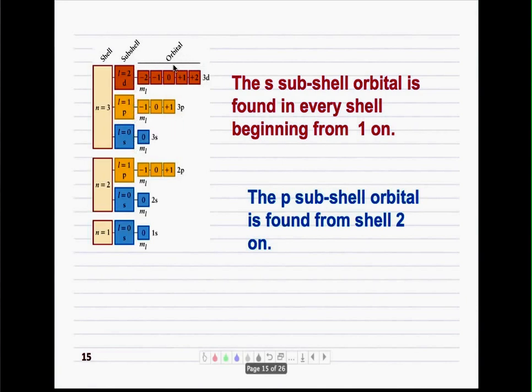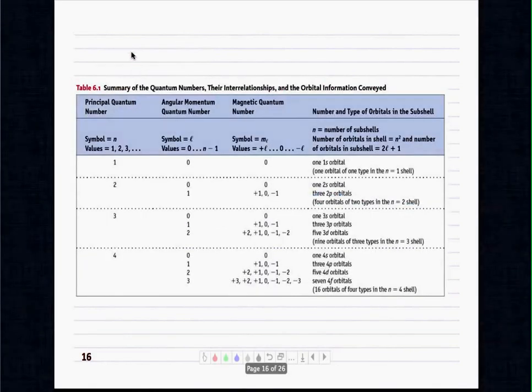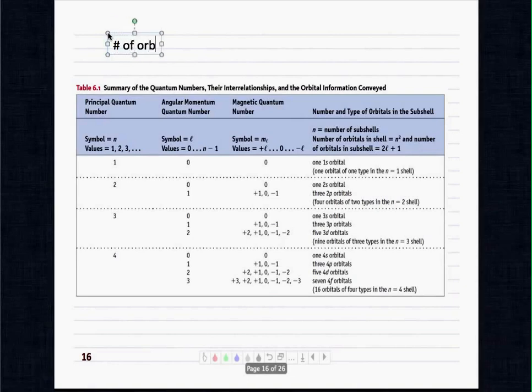So that equation, I'm going to repeat, you can use to calculate the number of orbitals in a shell. To calculate the number of orbitals in a subshell, it equals 2L plus 1.